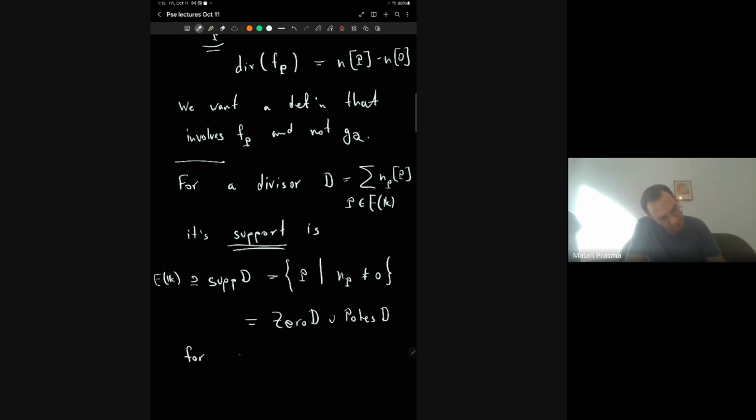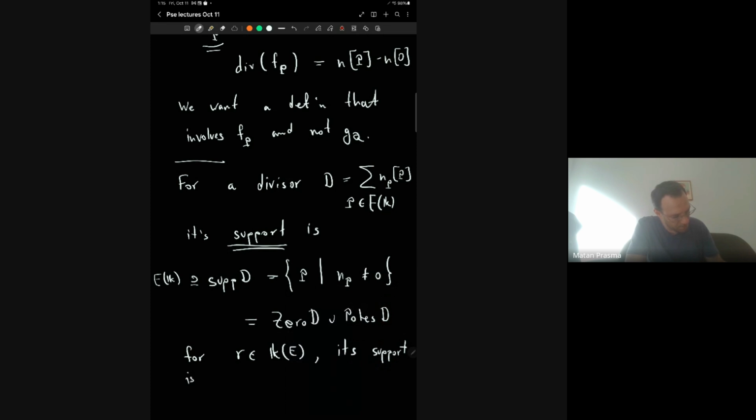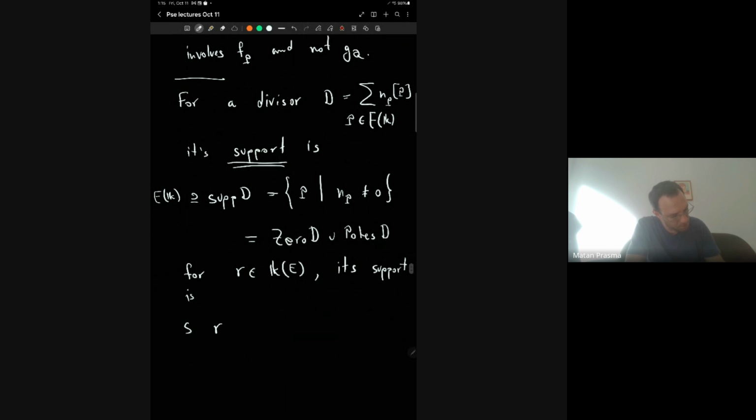For R, a rational function, its support, the support of R, is again a subset of the set of all points on the curve, and it's the set of zeros of R union the set of poles of R.